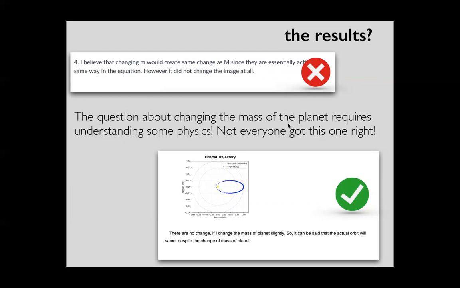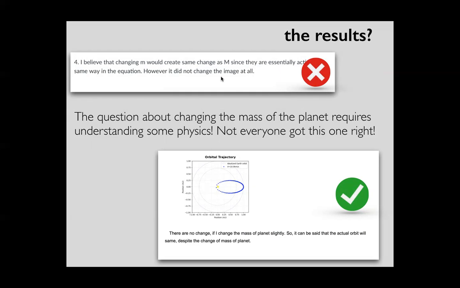The orbit does not depend on the mass of the little object. Some students got that right and predicted it correctly. Some students predicted it incorrectly and weren't able to connect this fact, which we definitely talked about in class a few times, to the operation of the program.